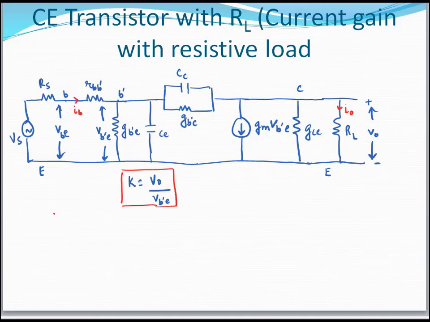Now we'll apply the Miller theorem here. This CC and G B dash C, we break from the input side and output side.